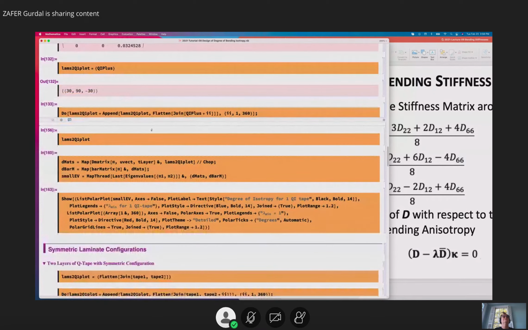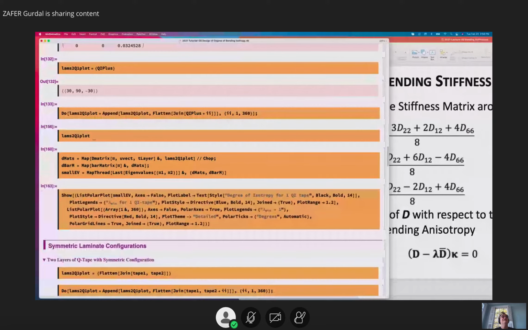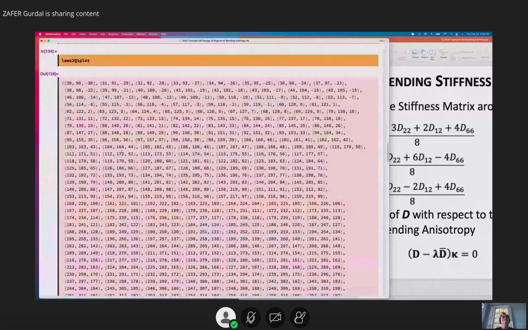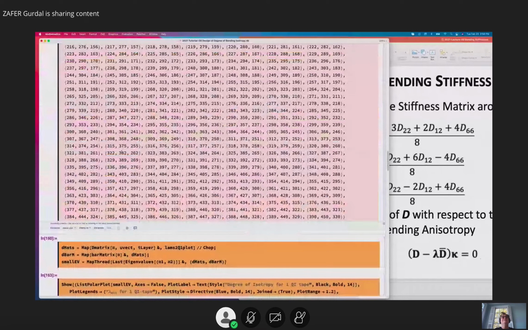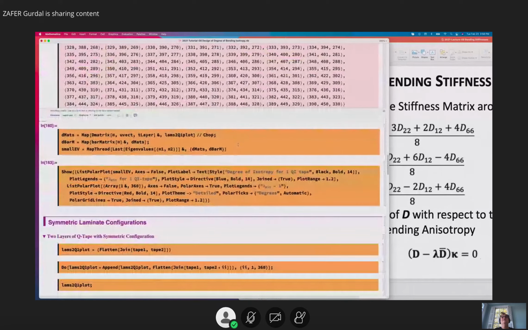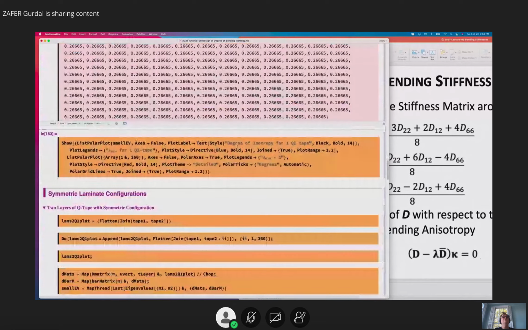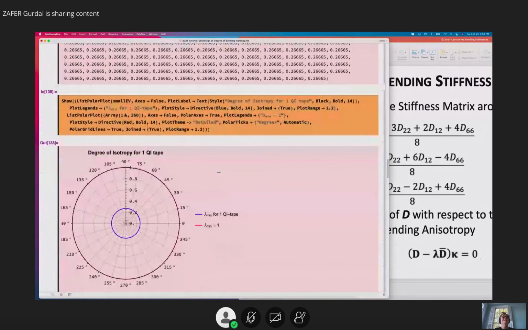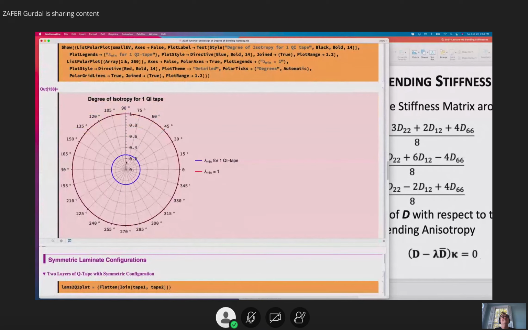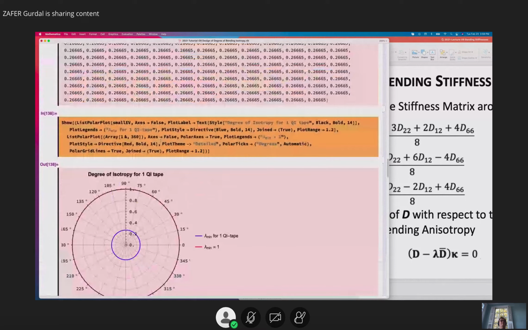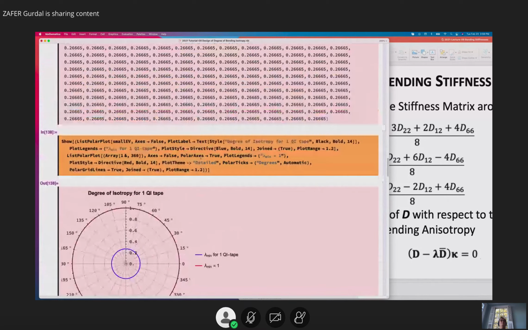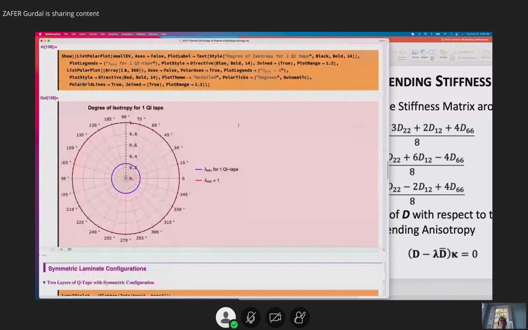This is going to do all of those layups, laminates with all of those different orientation angles. If I do the D matrix calculation, all of them come out to be 0.266, and I can make a polar plot of this, which is now 0.266 with a radius of 1. This didn't use the module that I have, but it actually plotted every one of these angles in there.